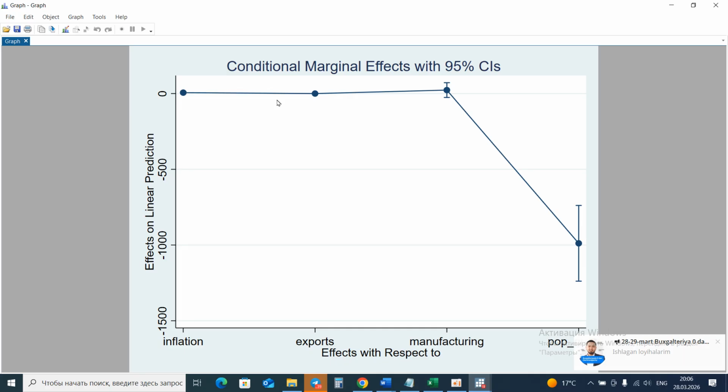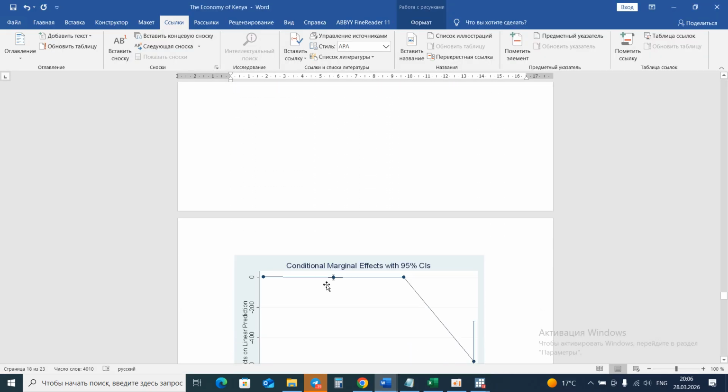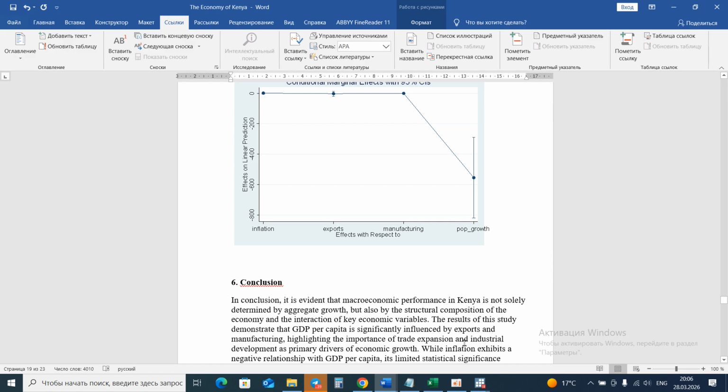Population growth exerts a marginally negative influence on GDP per capita. We also copy it and paste it to our Word, marginal effect here.